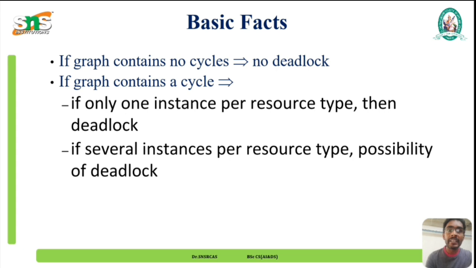If a graph contains a cycle, there are two possibilities. If there is only one instance per resource type, then there is a deadlock. If the resources have several instances per resource type, then there may be a possibility of occurrence of deadlock.